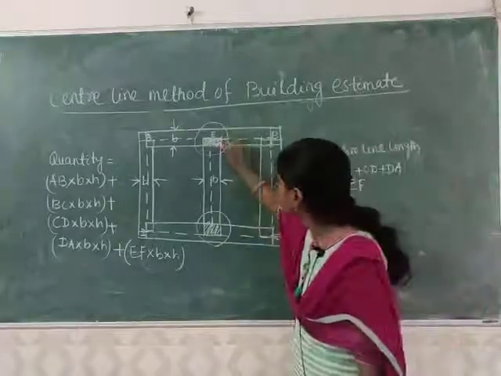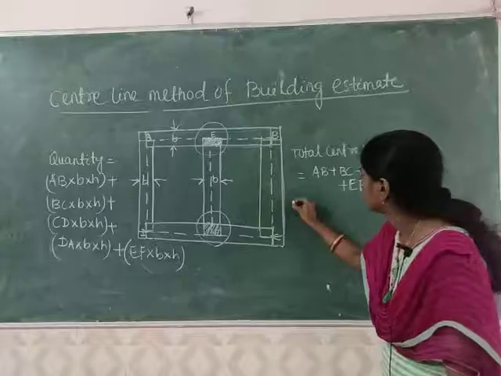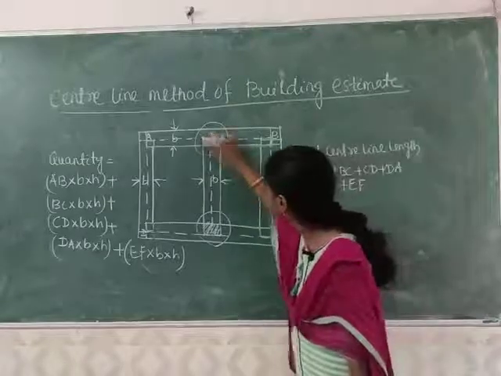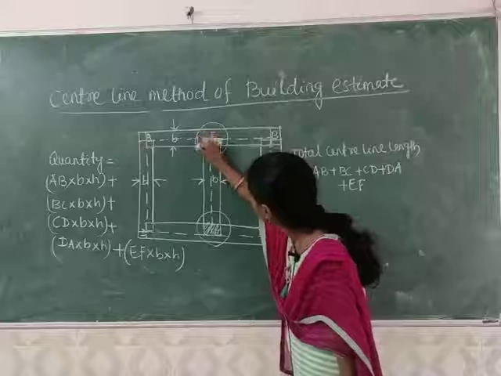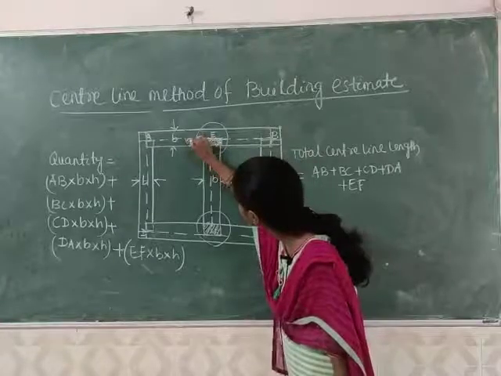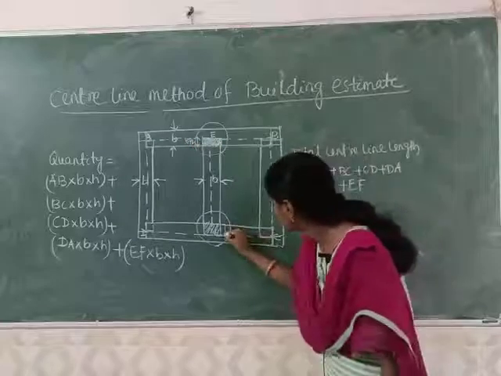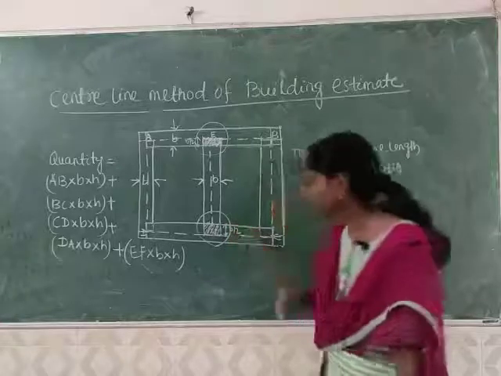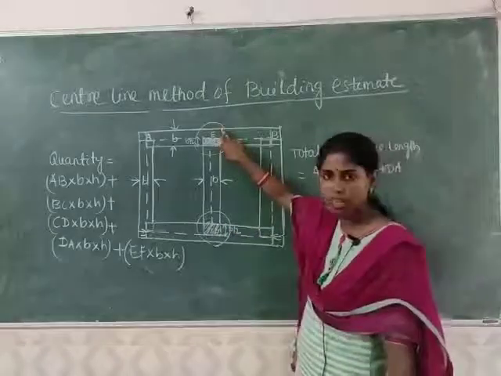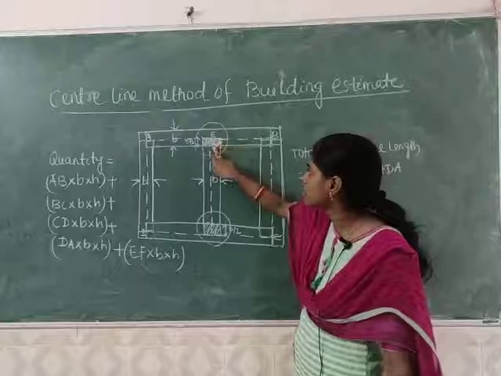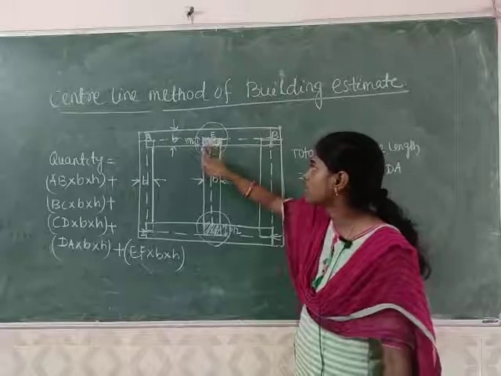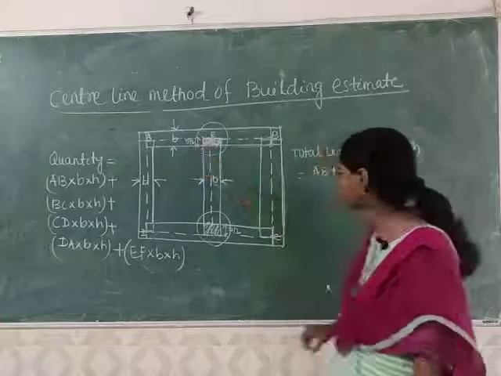This hatched portion has a breadth of b by 2 on this side and b by 2 on the other side, because the total thickness is b. So, from the center line to the inside part is b by 2.